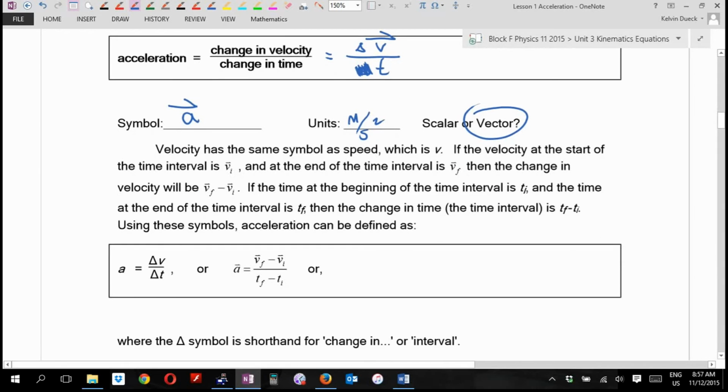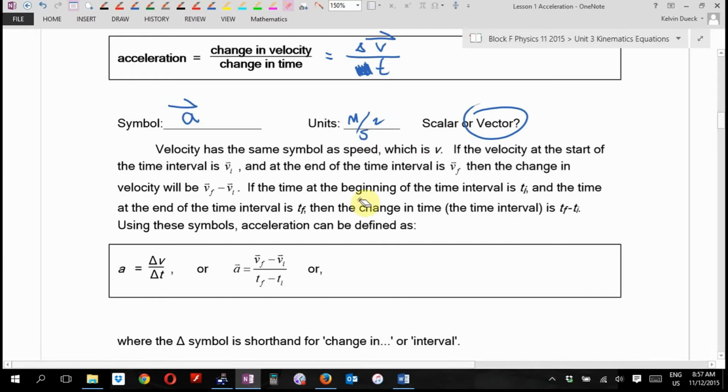Velocity has the same symbol as speed. Speed has a symbol v. Velocity would be v bar, but I did say speed, so speed. If the velocity at the start of the time interval is vi, what does the i stand for? Initial. And at the end of the time interval is vf. What does the f stand for? Final. We're going to use that all year long. Then the change in velocity will be vf minus vi, because change in anything is final minus initial.